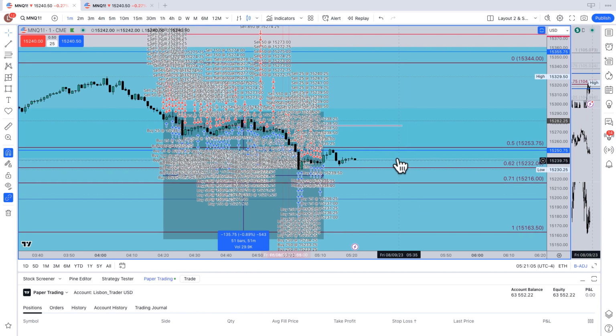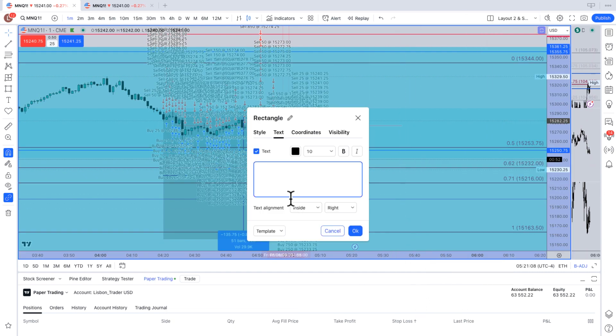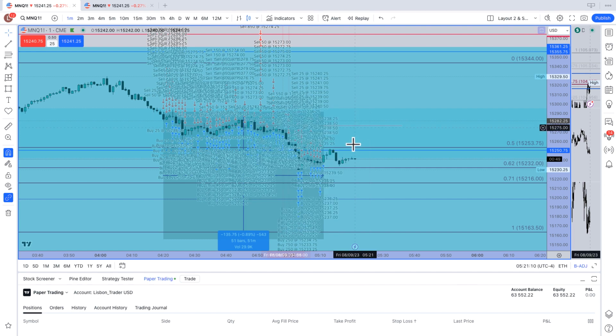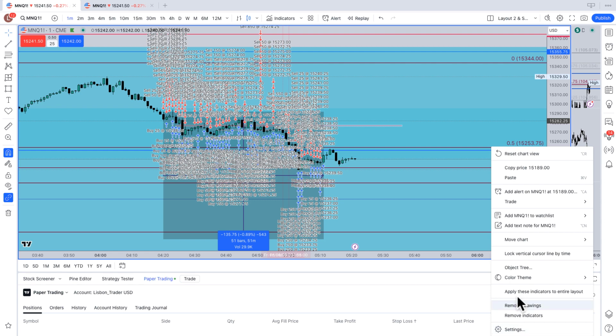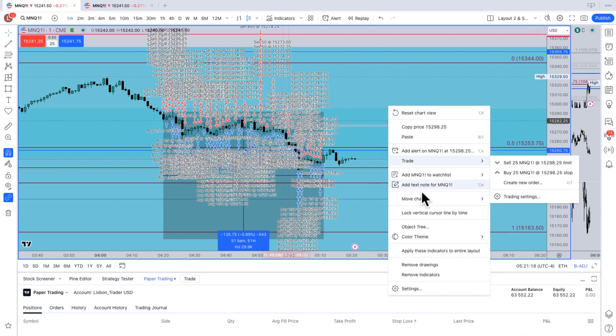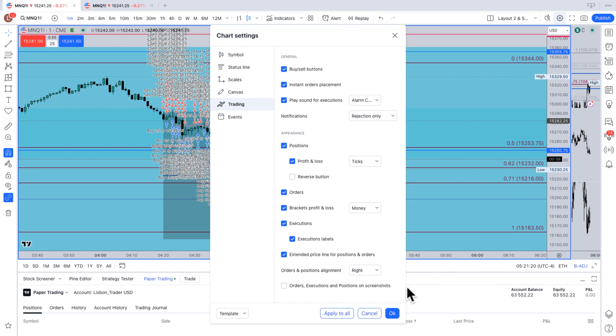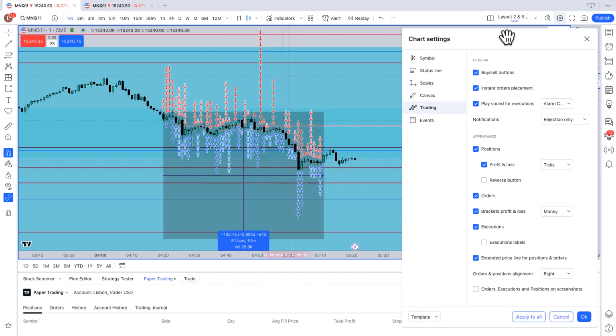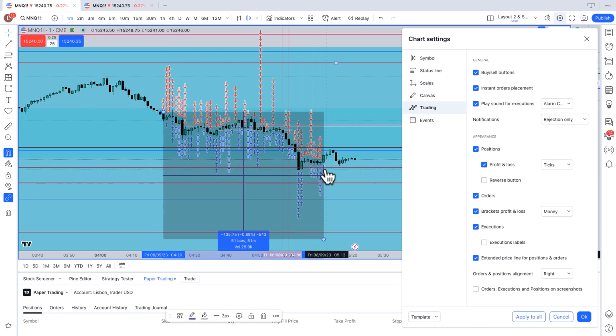I don't like this, so let's remove the executions. Okay. Executions, let me see it this way. Yeah. Started there, and we ended there.